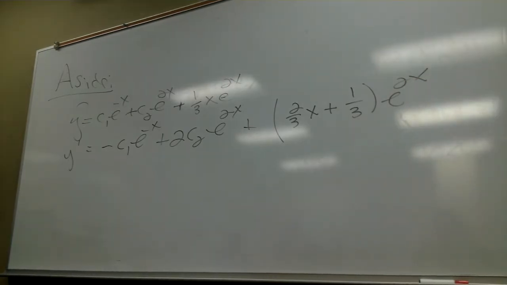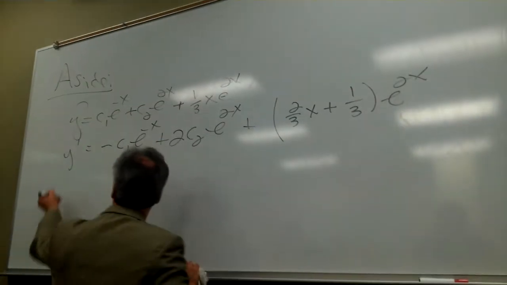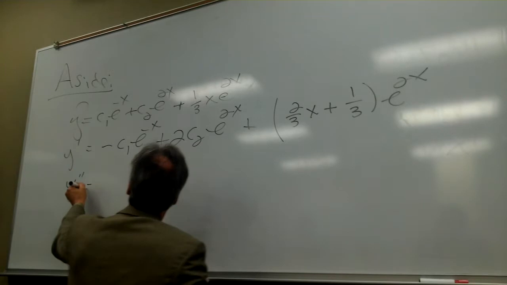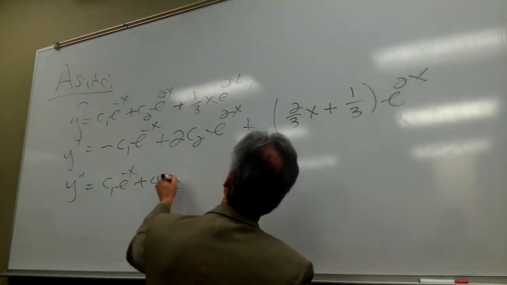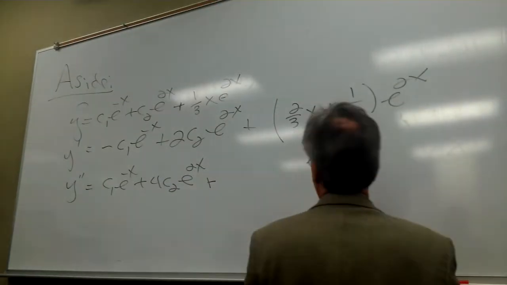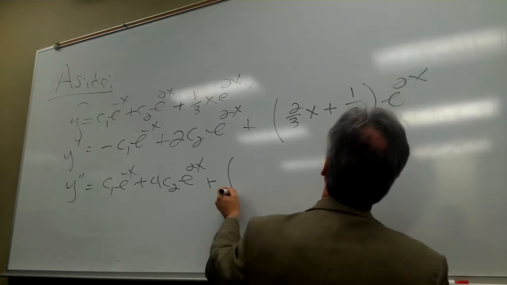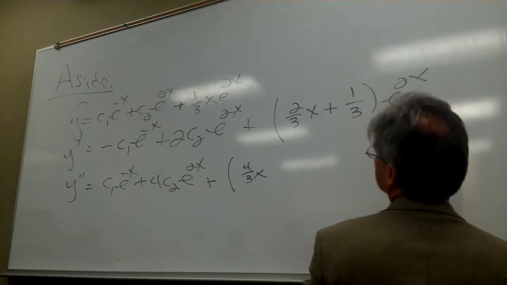You guys tell me if I'm wrong. And y double prime is going to be c1 e^(-x) plus 4c2 e^(2x) plus, you guys are making me do all the work, is that a 4/3 x plus 4/3?